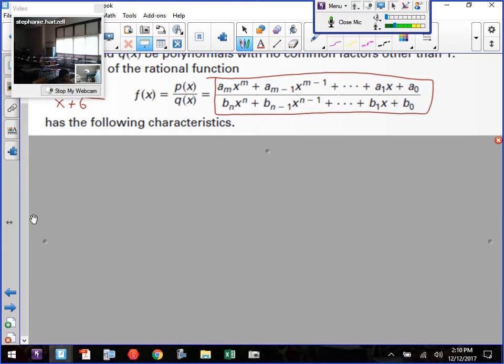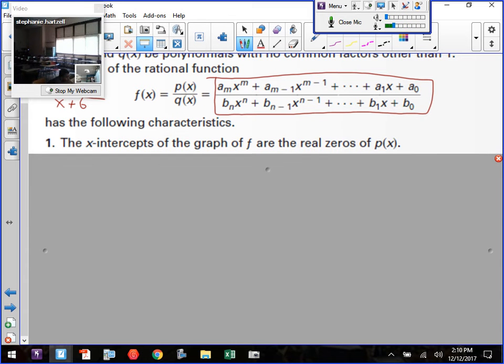The first one is that in order to work with this, the x-intercepts will always be at the zeros of the numerator. I'm going to make a running list on the whiteboard here as well. So we have a polynomial of mth degree divided by a polynomial of nth degree.